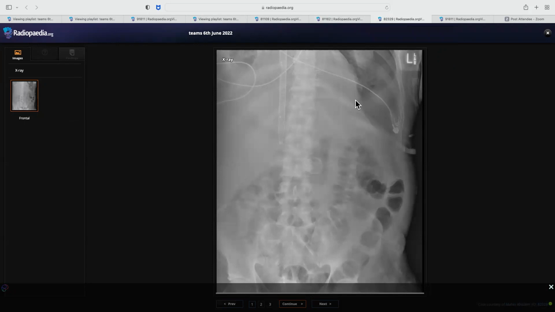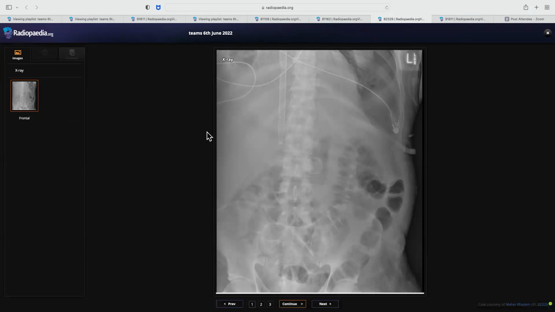Okay, so this is an ICU patient, an ICU film, frontal. This is a frontal radiograph of the chest, of the abdomen, sorry, and I can see there is a tube. Maybe a stent, or I don't know what this tube actually is.